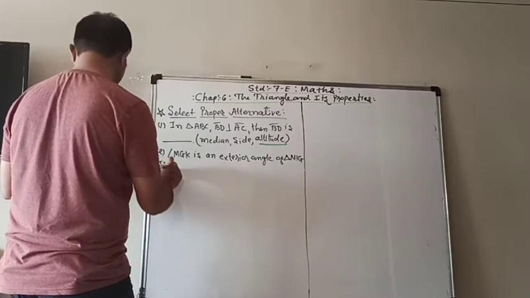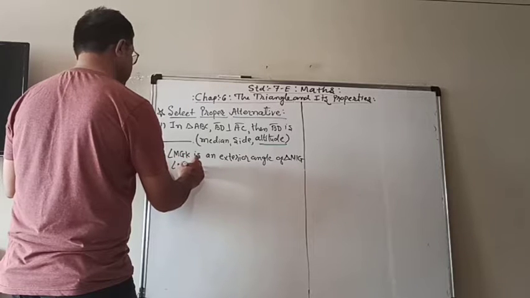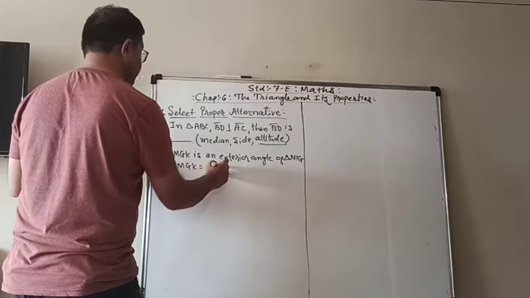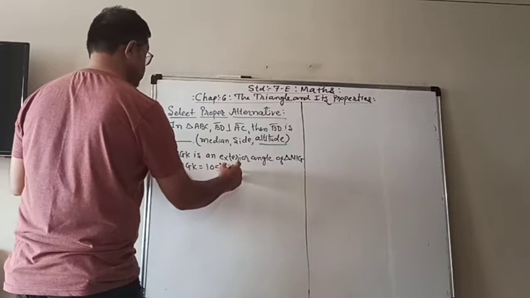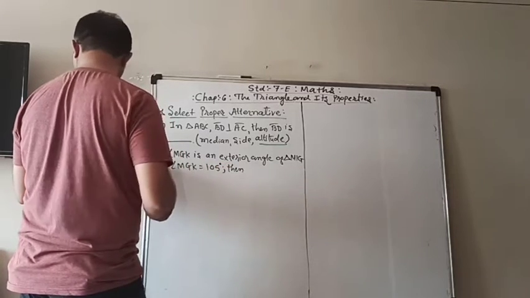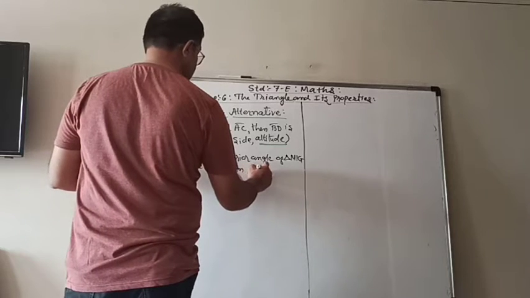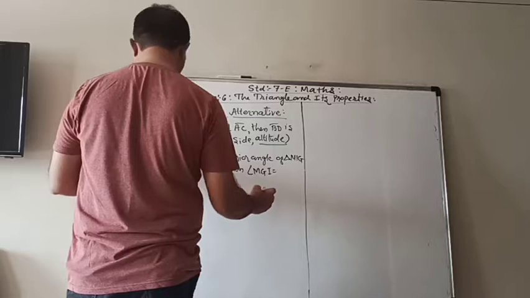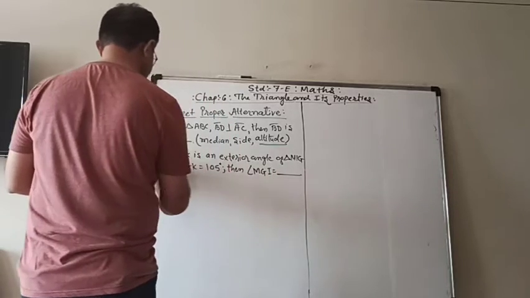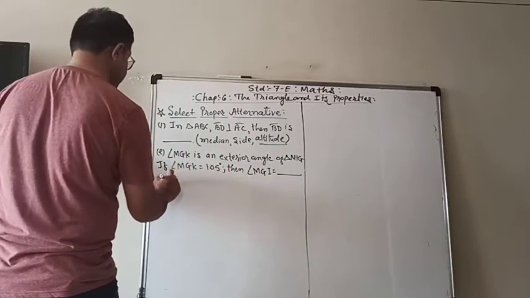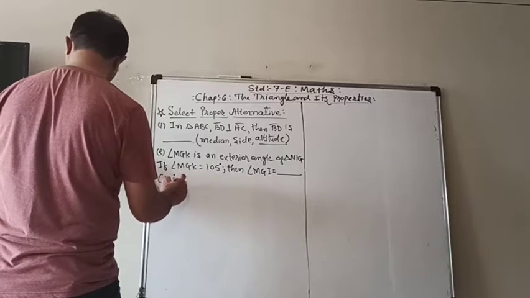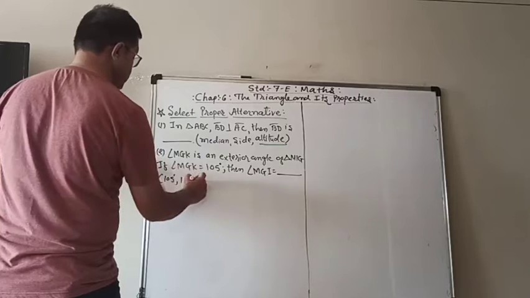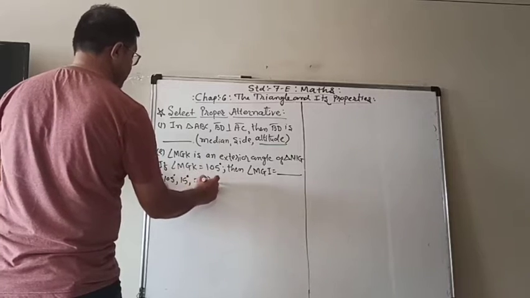If angle MGK is 105 degree, then angle MGI is equal to blank. And options are 105 degree, 15 degree and 75 degree.